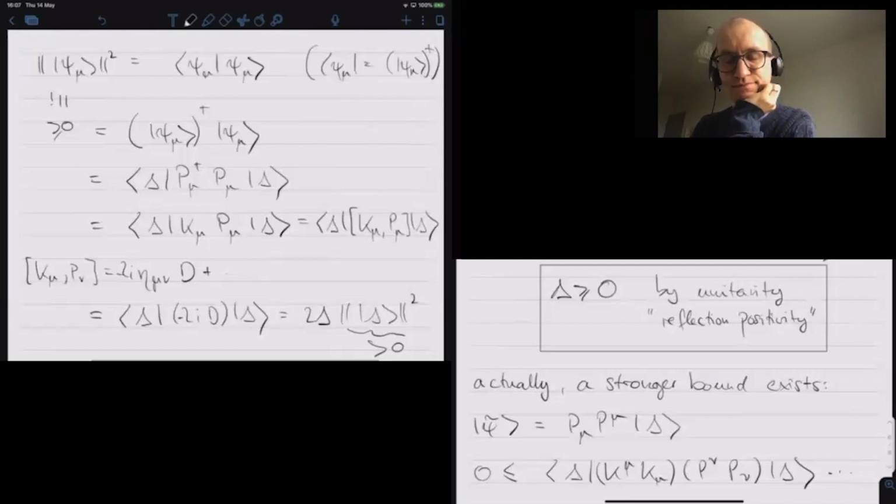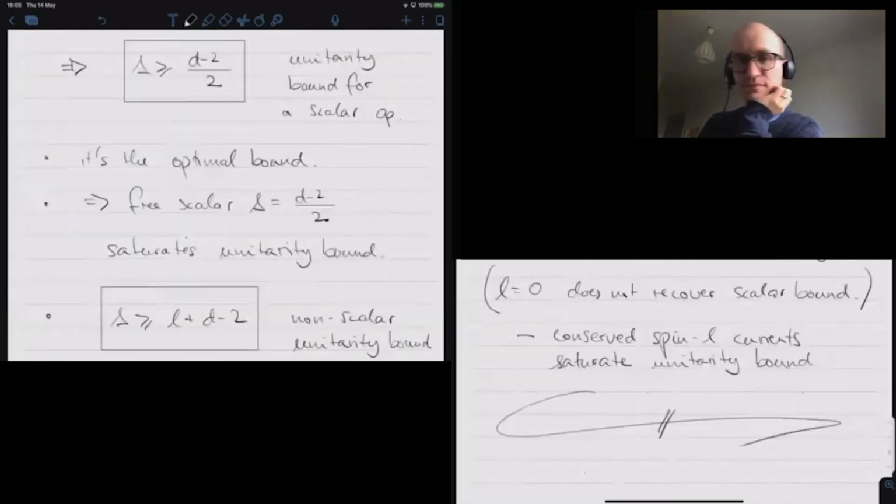Davide. Yeah, sorry, Julian. I have a question for the last slide you've written. Yep. What are the implications of these bounds on anomalous dimensions? Is this a meaningful question, do you think? Actually, I do think it's a meaningful question. But for example, you know that the conserved spin L currents don't pick up an anomalous dimension.